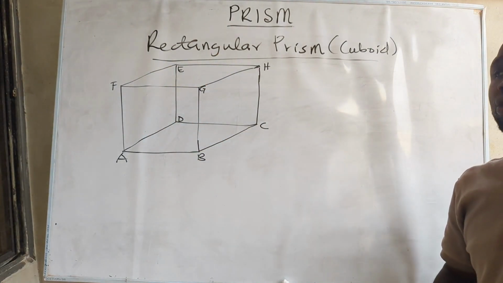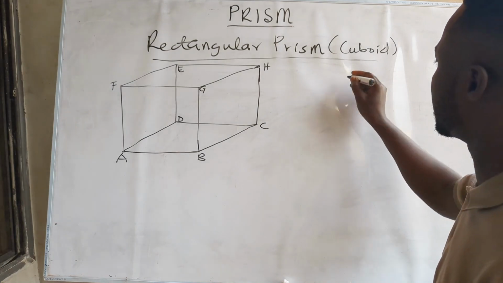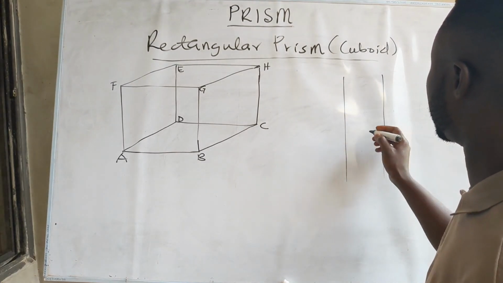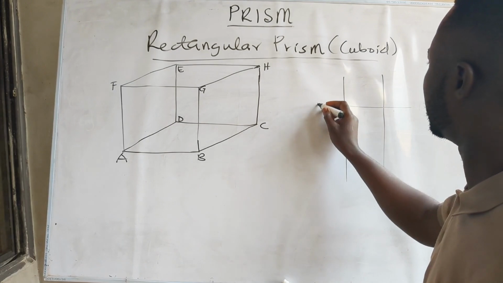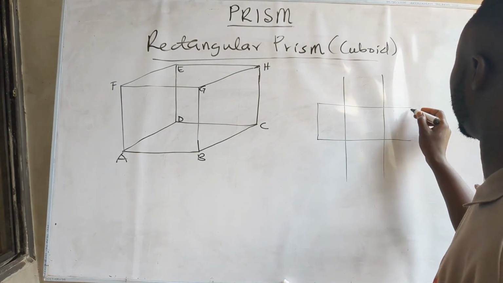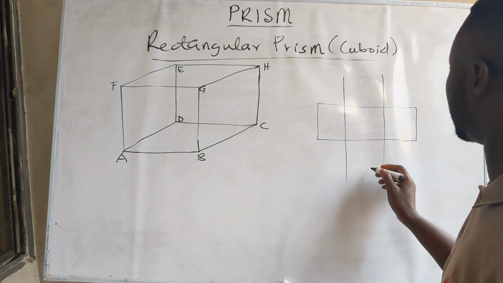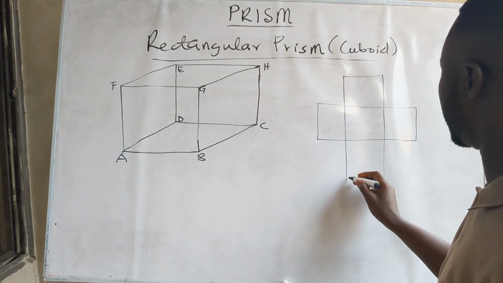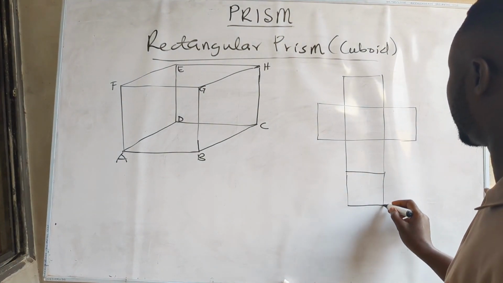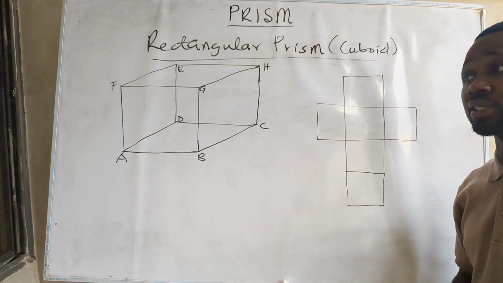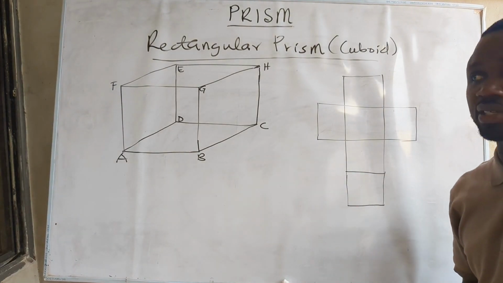So this is the net. Since it has 6 faces, let's look at how the net of a keyboard is going to be. And the net will definitely help us to calculate the total surface area.